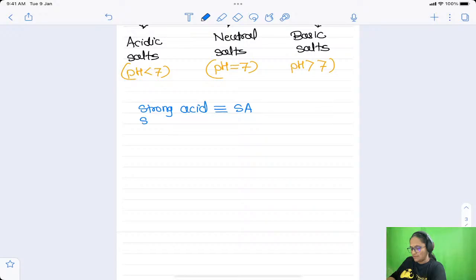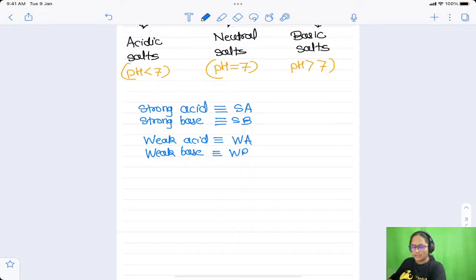Strong base is nothing but SB. Weak acid is nothing but WA, and weak base is nothing but WB. So these are the symbols which I am going to use to explain this concept.